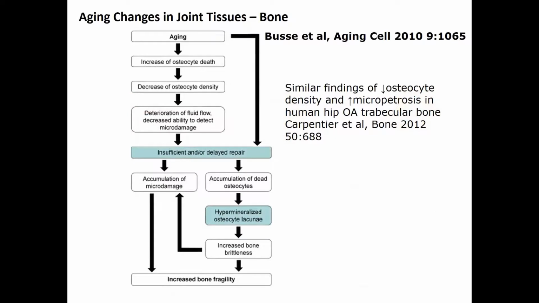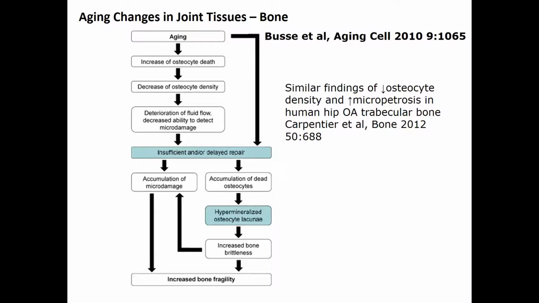And then there are also changes in the bone that occur with age that could be playing a role in osteoarthritis. The osteocytes in bone, you probably remember osteoblast, osteoclast, osteocytes, those are the bone cells. There seems to be, in particular, a loss of osteocytes with aging, and this may affect fluid flow and other things that are important for the response of bone to microdamage.